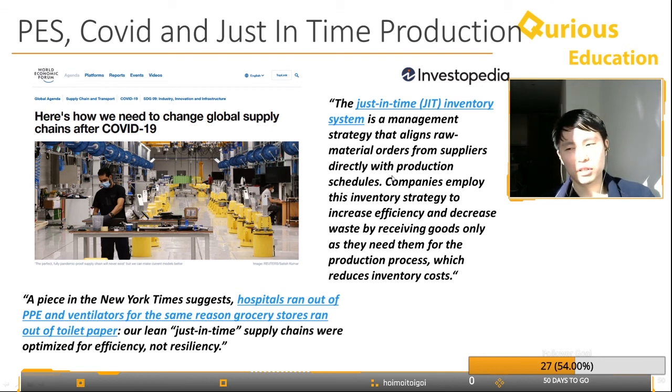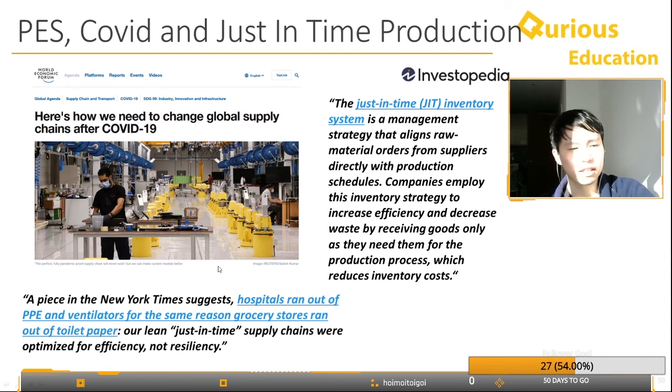Because if they don't store toilet paper in those warehouses, this means that they can save up on the cost of renting that warehouse, right? So this would help them increase efficiency and reduce costs. So this is what is meant by a just-in-time production system. Once you get the orders for the good, then you produce it, not that you have it in stock.